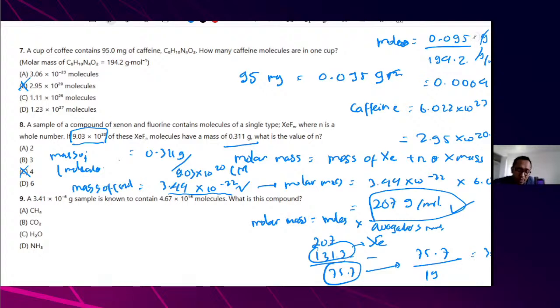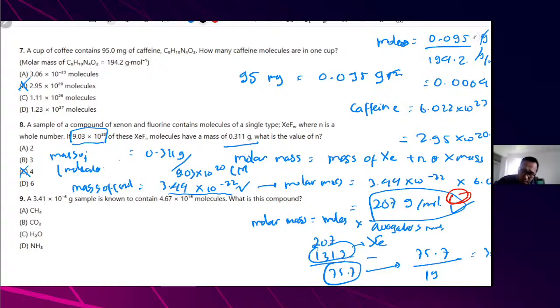Is there any quick way to solve this problem? The issue here is we need to find this first: the molar mass, 207.